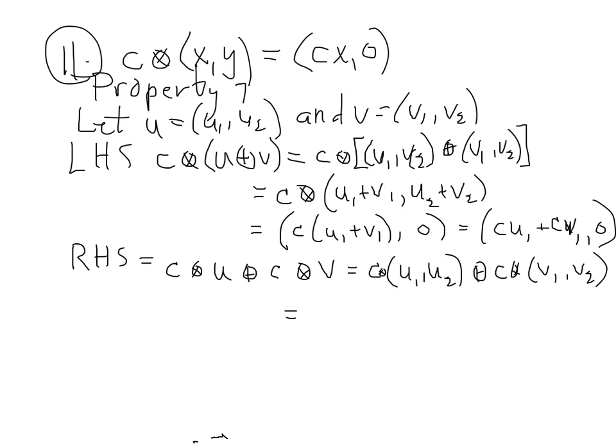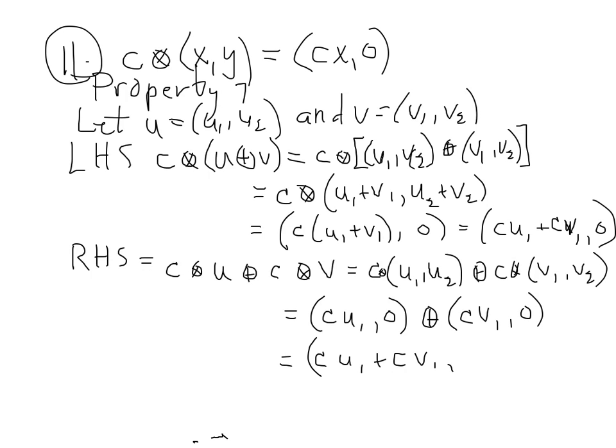So in this case, we're going to do the multiplication and then add. So we get CU1, 0 plus CV1, 0. Adding those, we get CU1 plus CV1, 0, which is the same as the left-hand side. So property 7 holds.